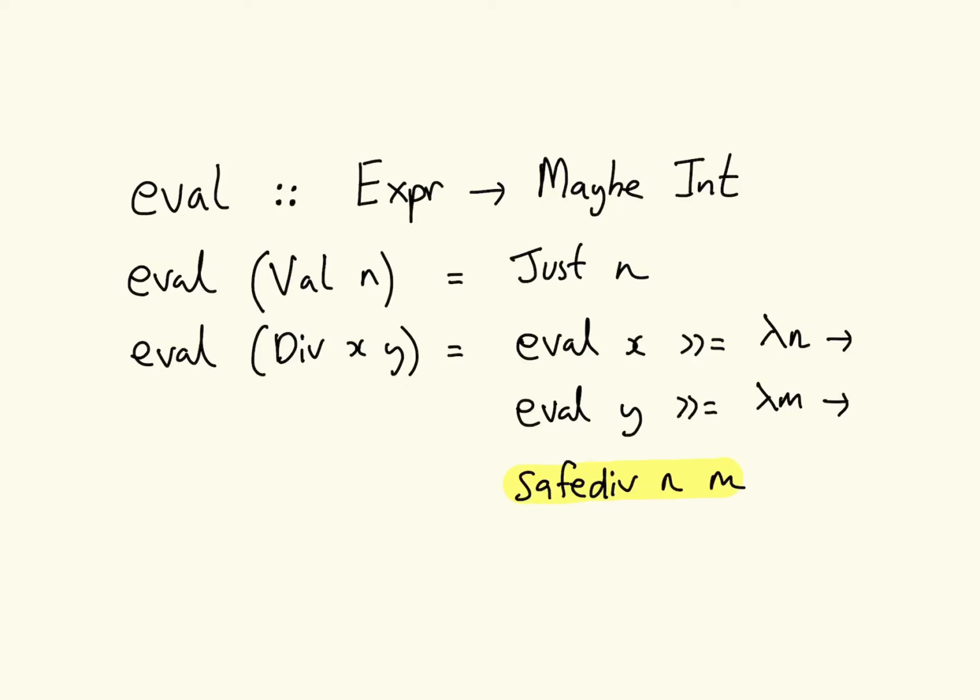And again, the safediv helper function does the division, but if it detects there's going to be a division by zero, it returns nothing, rather than crashing out. So the point here is that by abstracting out this simple sequencing operator, we've hidden all the plumbing of failure management. There's no actual code in here at all for dealing with the failure management. It's all behind the scenes in the sequencing operator and the safediv operator.